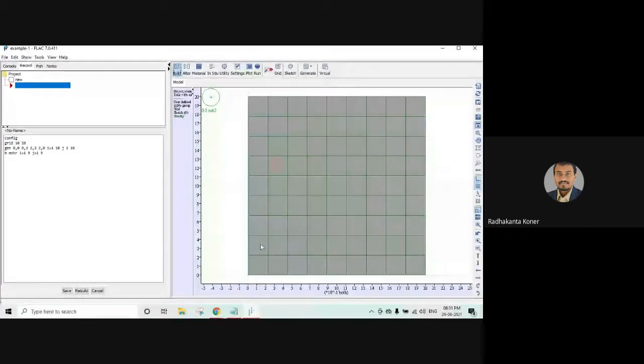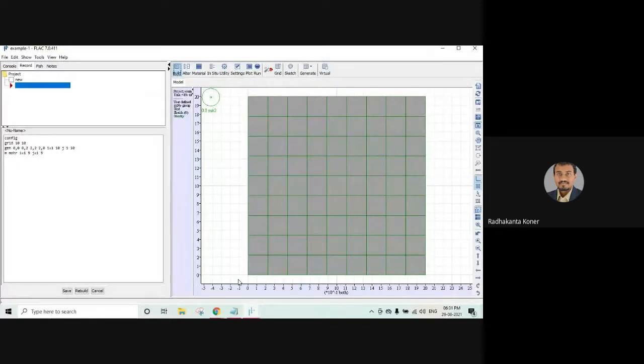Before we go to that portion, in the numerical syntax, this is a block that is not void. It means this material has some amount of mass. So in FLAC syntax, we have to mention it is not null. We have to demarcate that this is a block, defined from I equal to 1 to 10, J equal to 1 to 10, and it is not null.